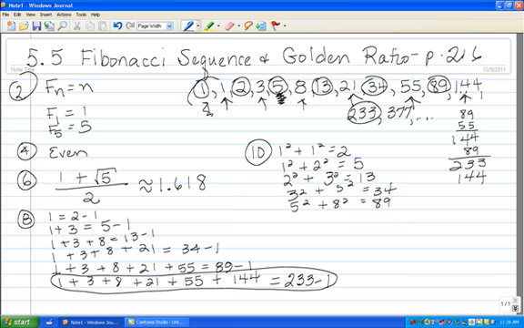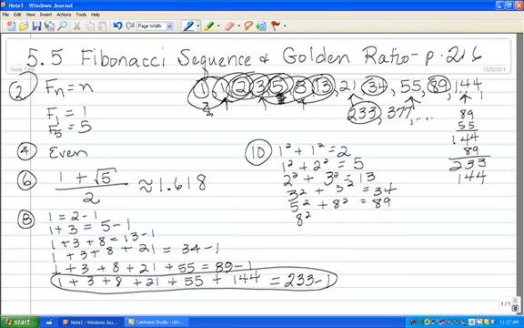Okay, so it looks like they're taking them in sequence. They start with 1 and 1, and then 1 and 2, and then 2 and 3, and then 3 and 5, 5 and 8. So the next pair would be 8 and 13.